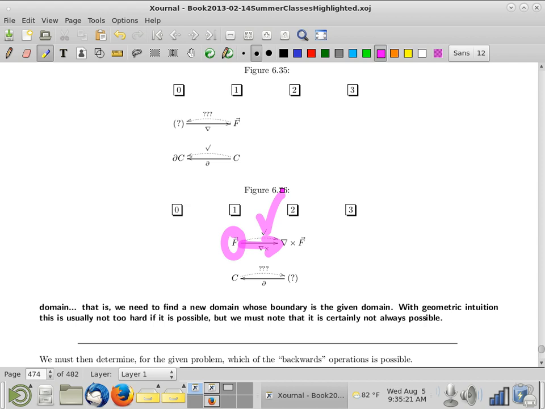Right? No problem. The awkward question is, given the curve, given that the boundary arrow points that way, can I move backwards through that arrow? Right? Is that curve the boundary of some surface?